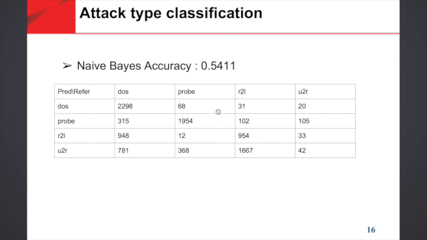Unfortunately, it produces a pretty bad accuracy, and we can see from the confusion matrix that we are not doing very well on R2L data.